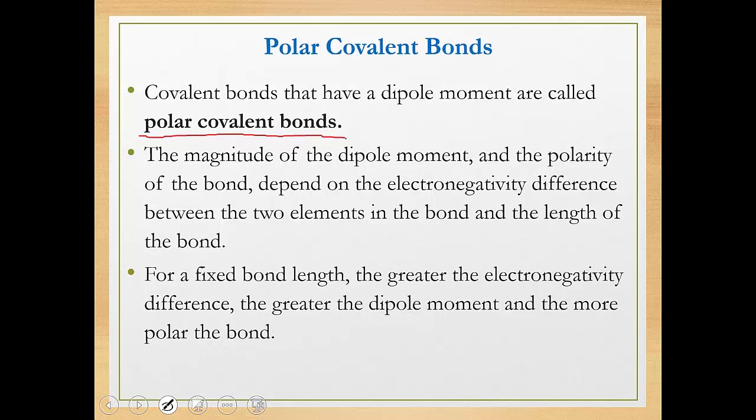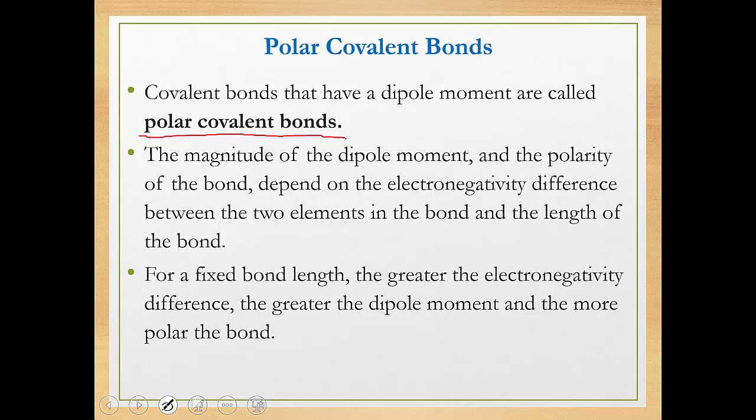Now, when you have a polar covalent bond, the magnitude or the size of the dipole moment, the polarity of the bond, is dependent on the actual numerical difference between the electronegativities.